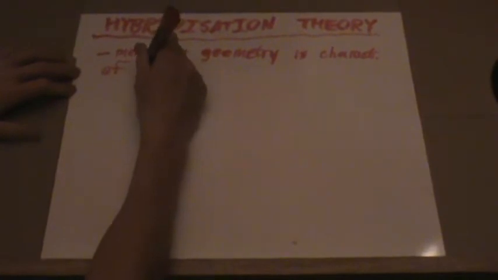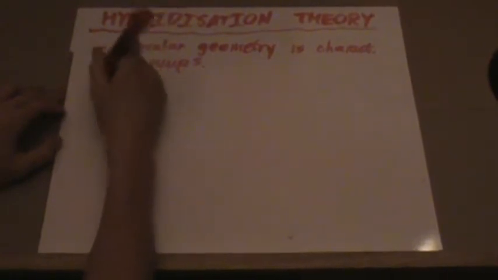Geometry is characteristic of groups. And right here we can actually go right back to the boron example.